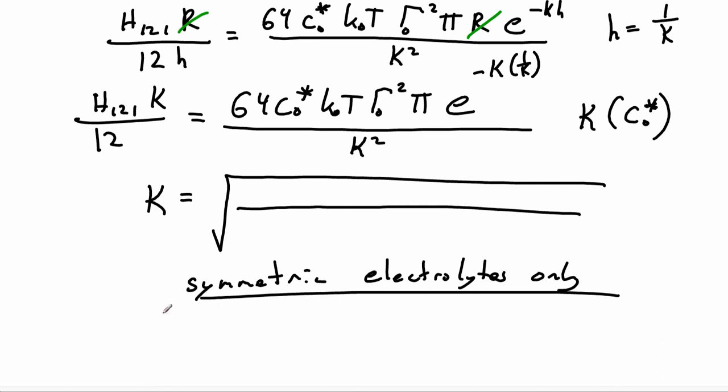So what's a symmetric electrolyte? Something like sodium chloride, where it's +1 and -1. Or something like calcium sulfate, where it's +2 and -2, etc. So all these would be examples of symmetric electrolytes.